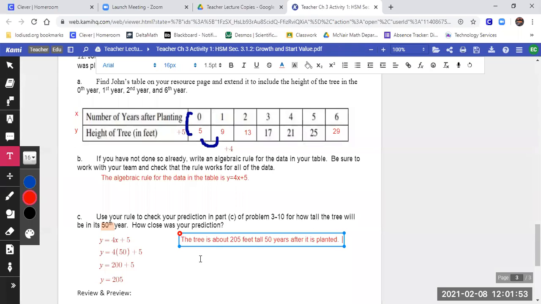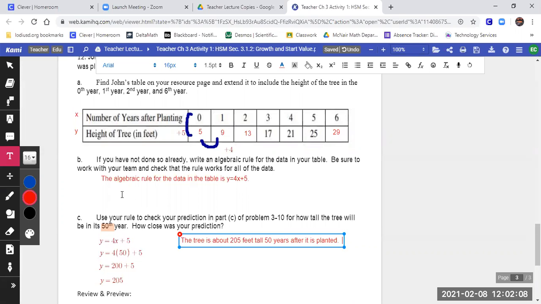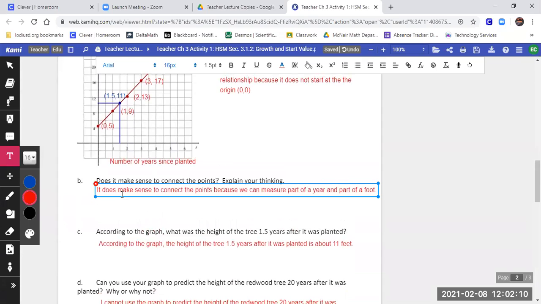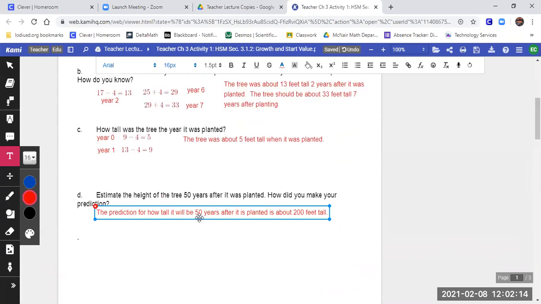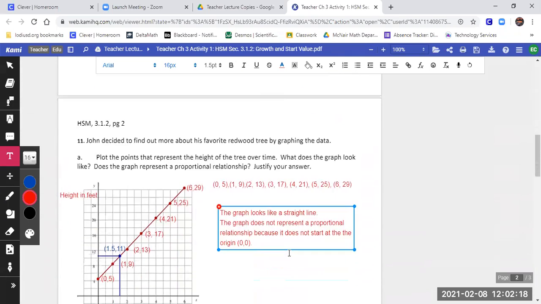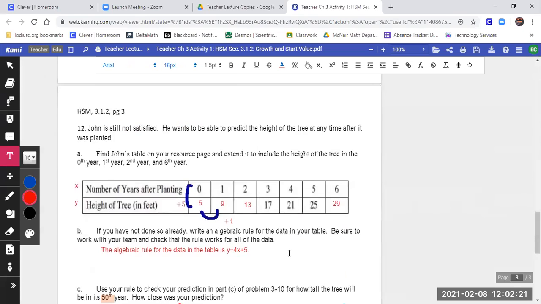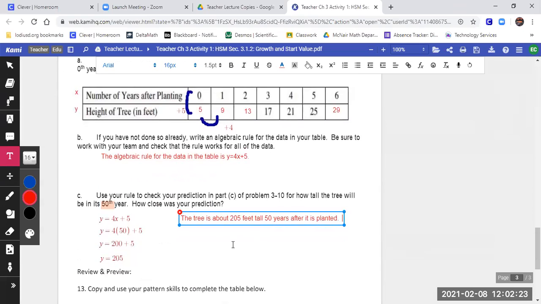Now, how close was our prediction? How close were we on our prediction? Because we had originally said, back here, it said the prediction of how tall the tree is at 50 years, we said 200. But we found out with the rule that it's really 205. How close is that?